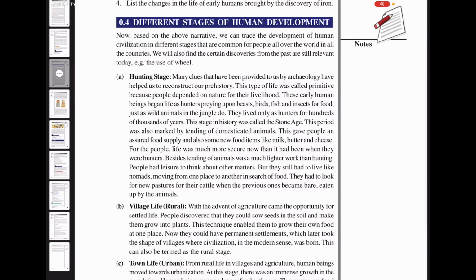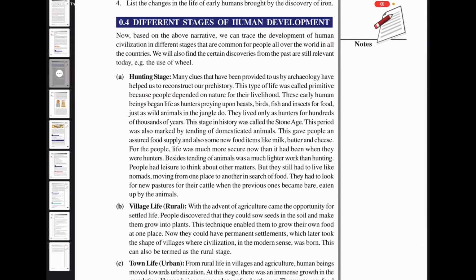This period was also marked by tending of domesticated animals. This gave people an assured food supply and also some new food items like milk, butter, and cheese. For the people, life was much more secure now than it had been when they were hunters.